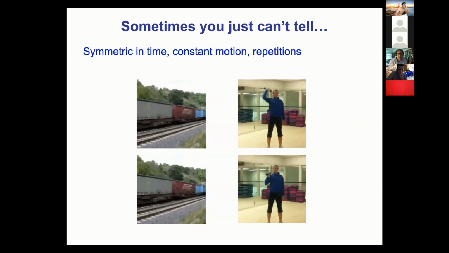Well, we just don't really know. Here it is played in reverse. I actually forget which one is the forward version. And here's another one. Sometimes repetitive actions involving people are very hard to tell. So if we develop a system to tell if video is going forwards or backwards, we don't expect 100% correct classification, and we'll see that.